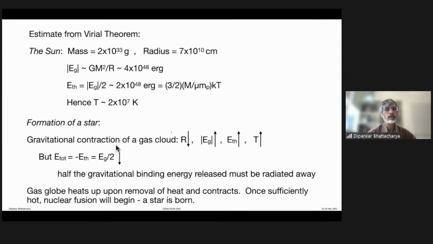So the structure of such a gas cloud before this nuclear fusion begins is not fully stable. As the energy is lost from the surface, the gas cloud will keep contracting because the gravity will keep pulling.